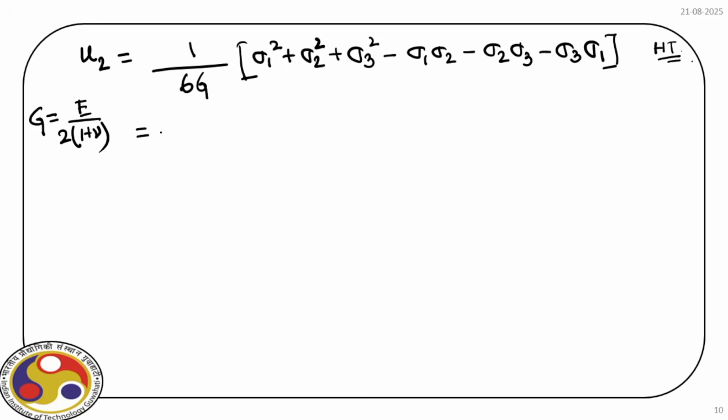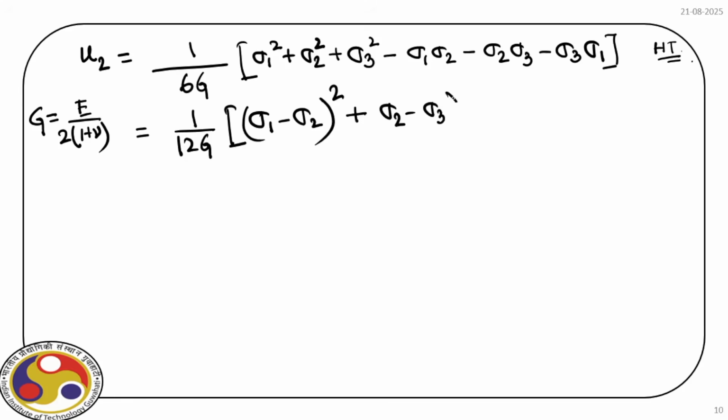If we do that, we'll have 1 by 12G, and within bracket we can further simplify sigma 1 minus sigma 2 whole square plus sigma 2 minus sigma 3 whole square plus sigma 3 minus sigma 1 whole square. Again, I leave it as an exercise. It's very simple. Earlier also we derived this expression, so you can easily cross verify it.